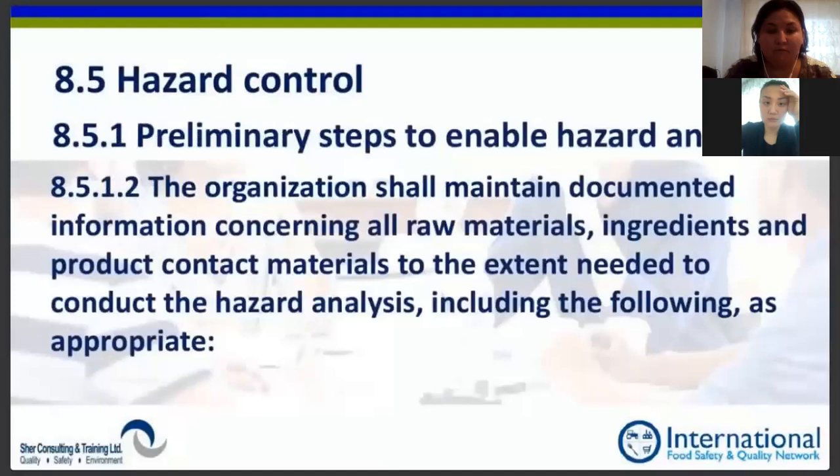The organization will maintain documented information. What I want to make a point of here is that when we talk about the information needed to do risk assessment, when we talk about raw materials, the new standard mentions two things that had not been mentioned before. One of them is the country of origin of the raw material used. So it is part of the risk assessment, and that may have an effect on decisions made by the team.